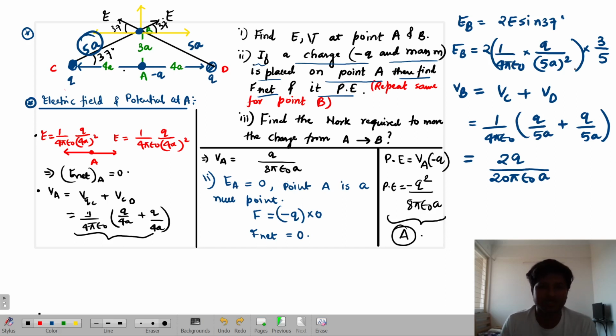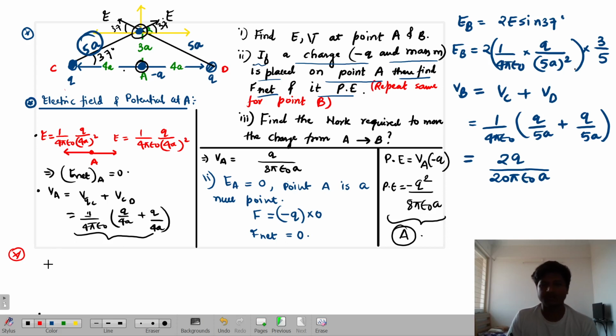Now, the third question, which is very important: find the work required to move the charge from A to B. I'm moving a charge, this minus Q, from A to B, and then finding the work required. I have already told you earlier that whenever you are going to find the work in these kinds of cases, you have to use the concept of conservative field.